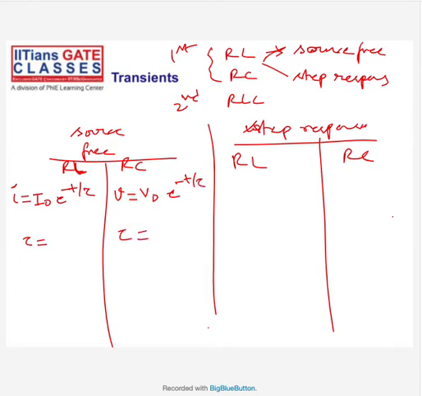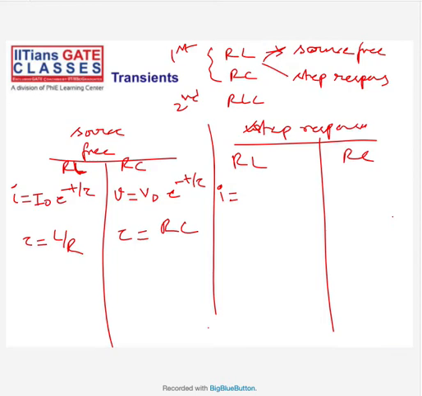Here for step response, what is the current I for RL? Tell me the value.